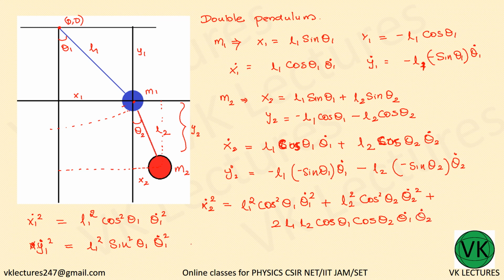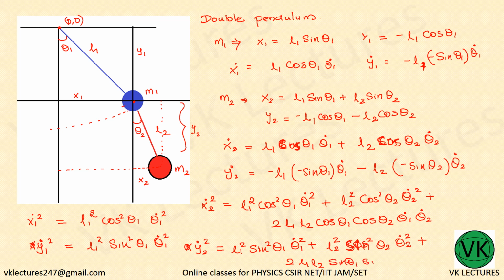Similarly, y2 dot squared will be equal to L1 squared sine squared theta 1 theta 1 dot squared plus L2 squared sine squared theta 2 theta 2 dot squared plus 2 L1 L2 sine theta 1 sine theta 2 theta 1 dot theta 2 dot.